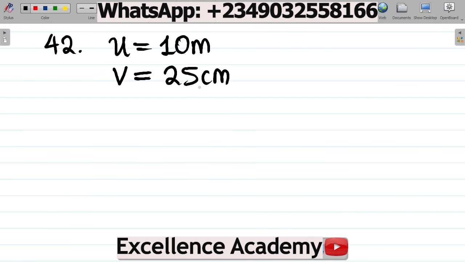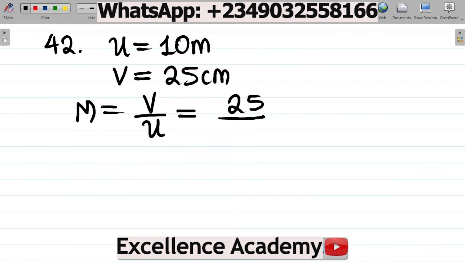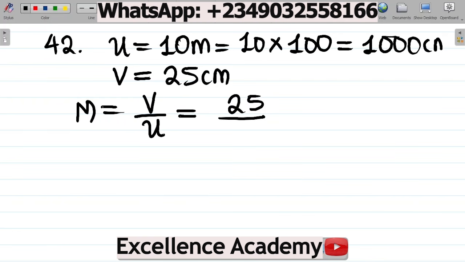We are asked to find magnification. Magnification m is equal to image distance all over object distance. That's equal to image distance 25 all over the object distance. I'll have to convert to centimeters. That means 10 meters becomes 10 times 100. So multiply the meters by 100 to get centimeters, and that becomes 1000 centimeters.